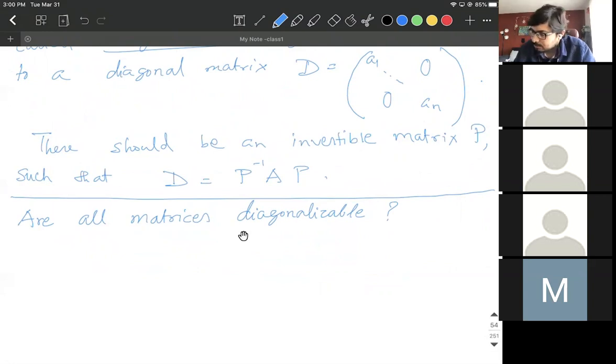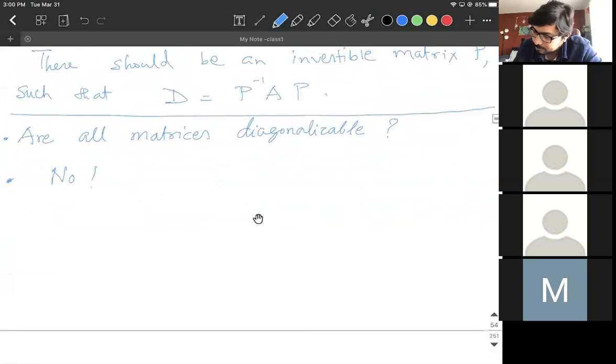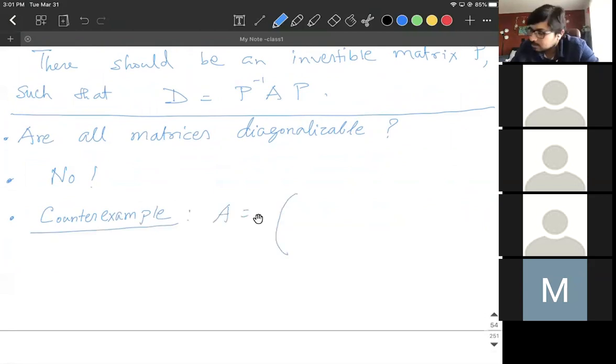And as with all these grand wishes, this is not true. Not all matrices are diagonalizable. So let's look at a counterexample. Let's take A to be the following matrix, 0, 1, 0.